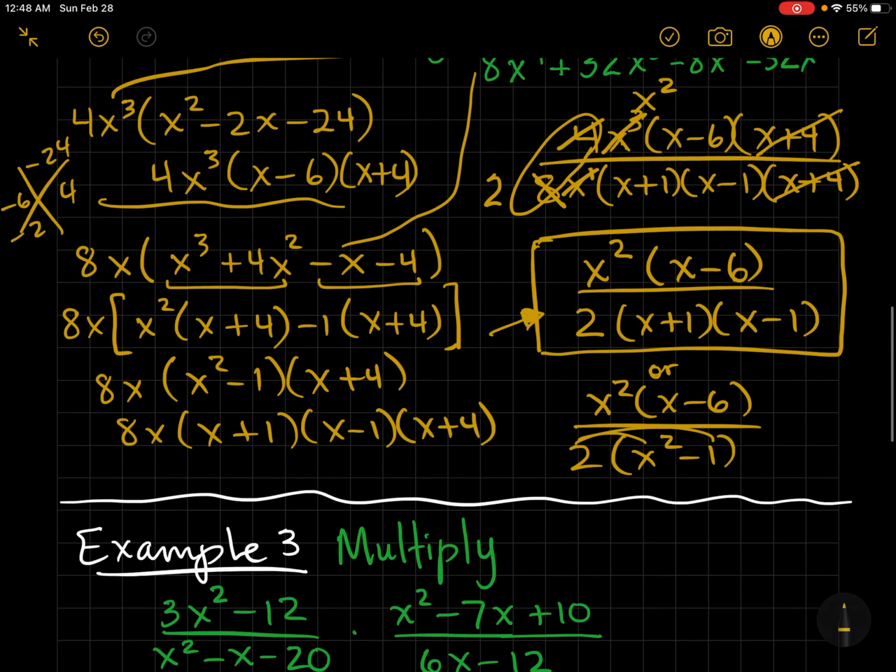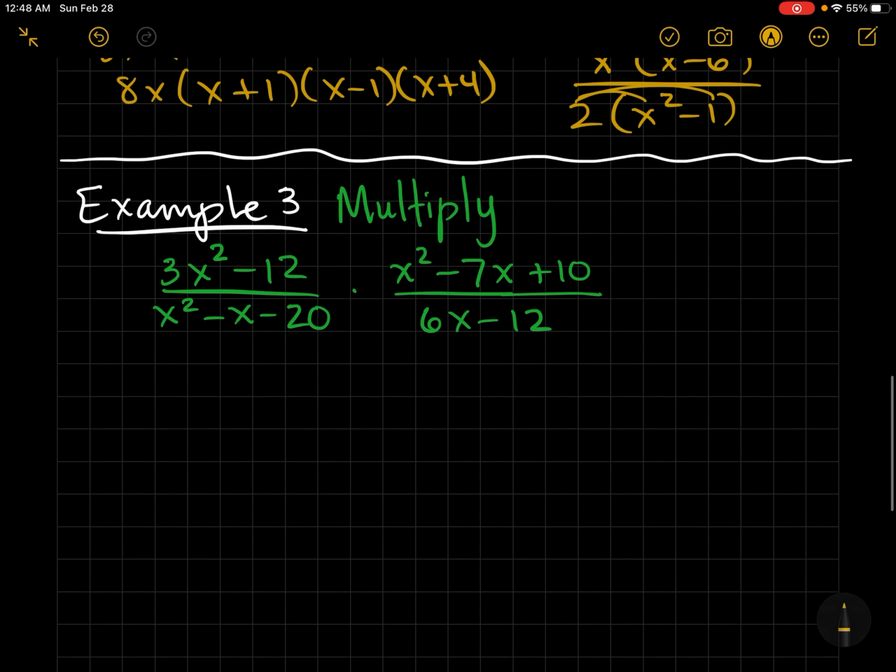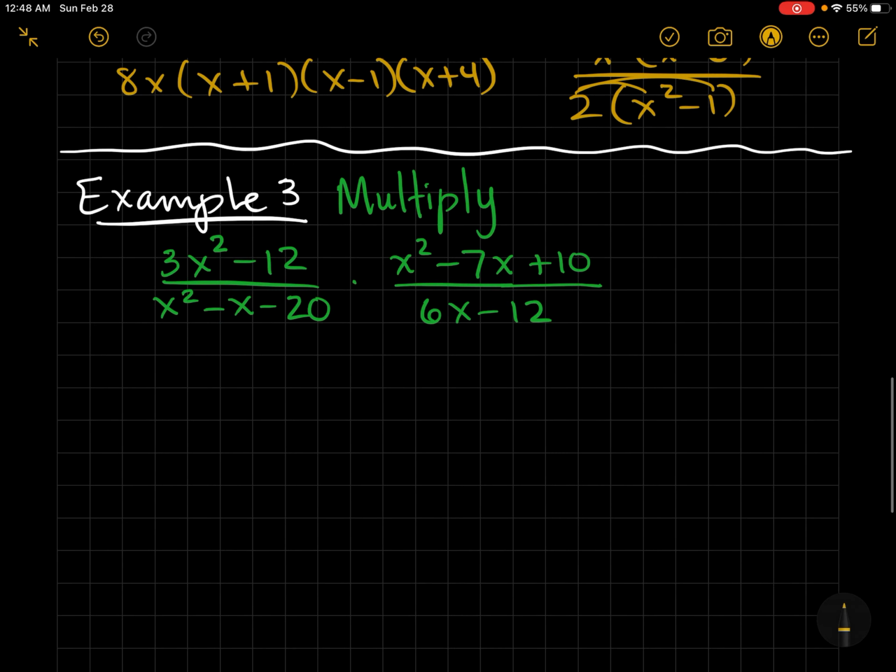It's just not necessary. For example 3, let's multiply these two rational function expressions together. So again, of course, we start by factoring. So let's see, this looks pretty easy. 3 comes out, and that leaves me with x squared minus 4. So that's going to be 3 times x plus 2, x minus 2.